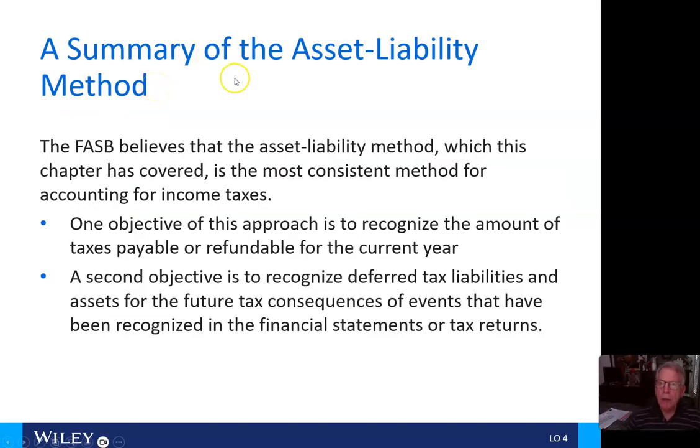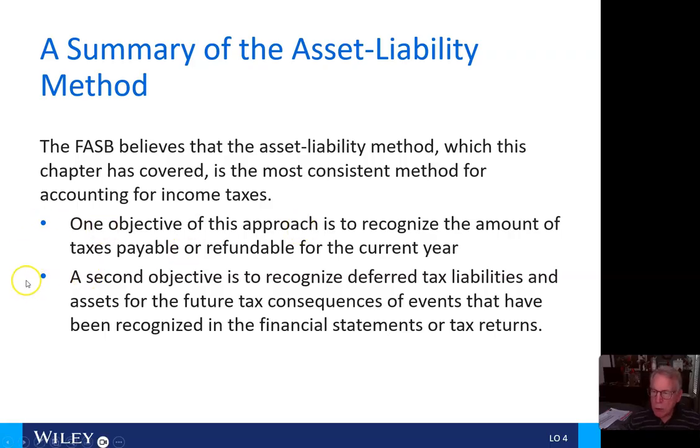Okay, a summary of the asset liability method. The FASB believes that the asset liability method, which this chapter has covered, is the most consistent method for accounting for income taxes. Bullet point one: an objective of this approach is to recognize the amount of taxes payable or refundable for the current year.